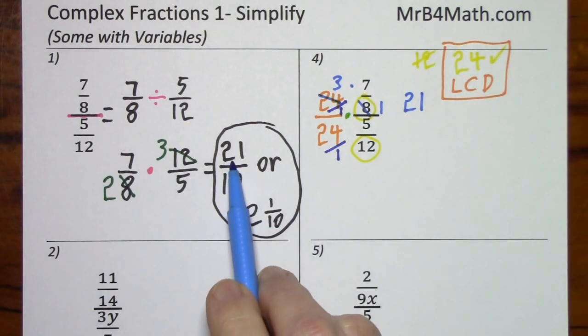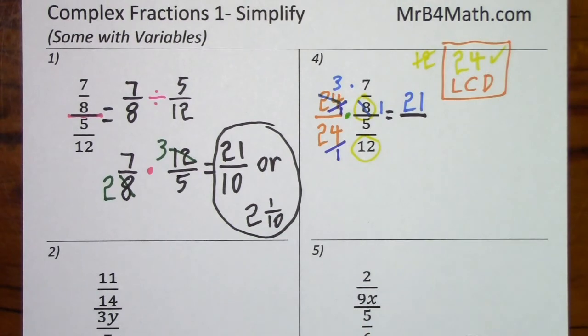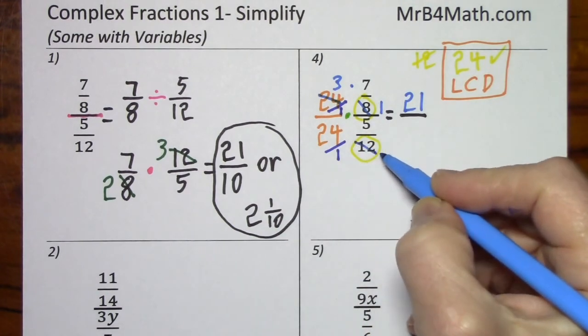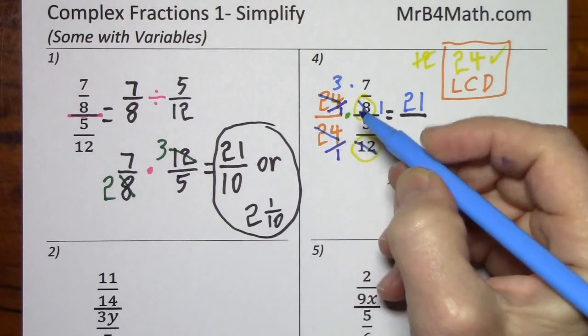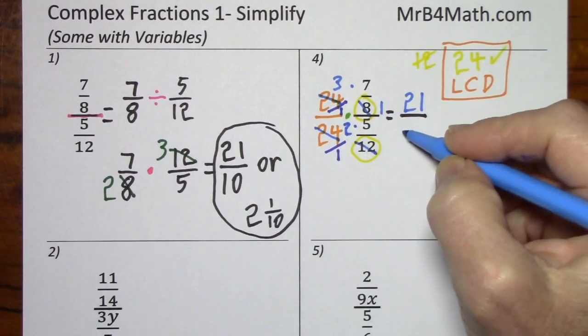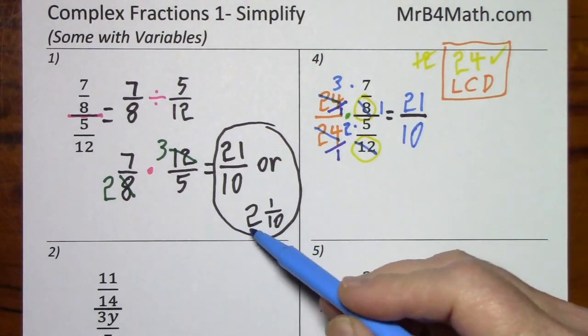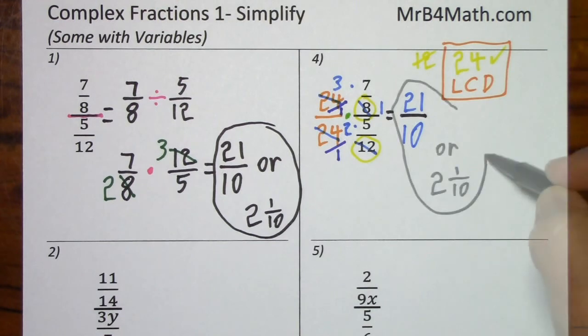Notice that's exactly what we got over here. With the denominator, 12 goes into 12 once, 12 goes into 24 twice. 2 times 5 is 10. 21 over 10 can be written as 2 1/10 as well.